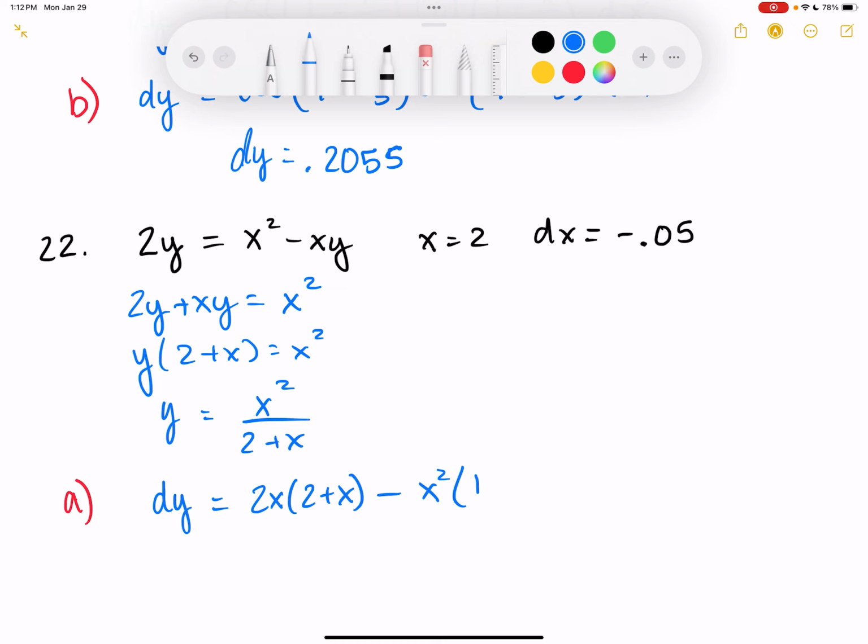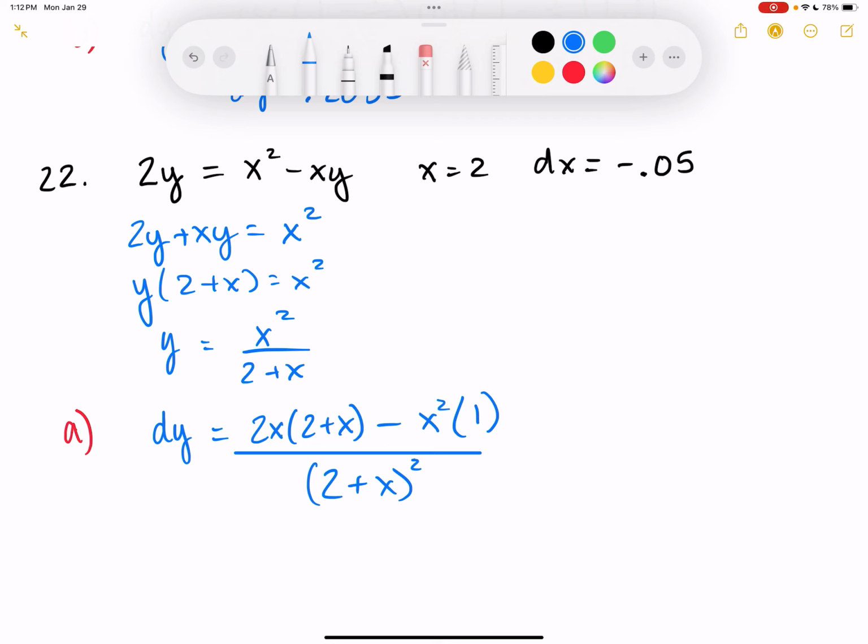The 2 in the bottom, dx. Thank you. I'm going to forget that.